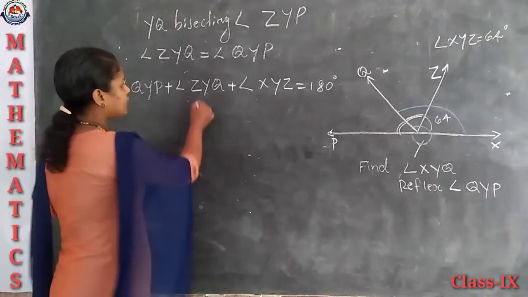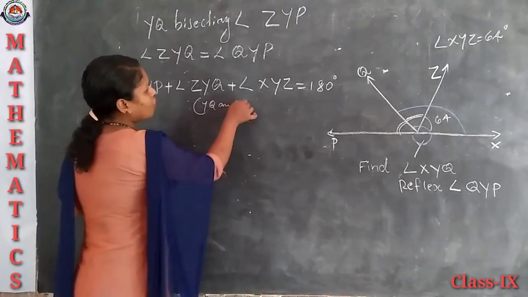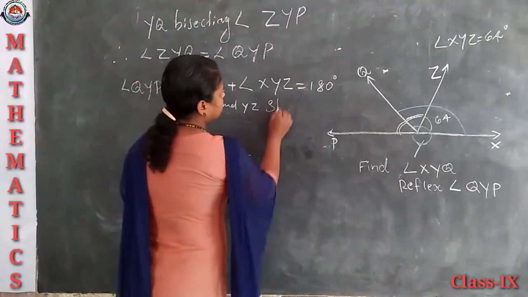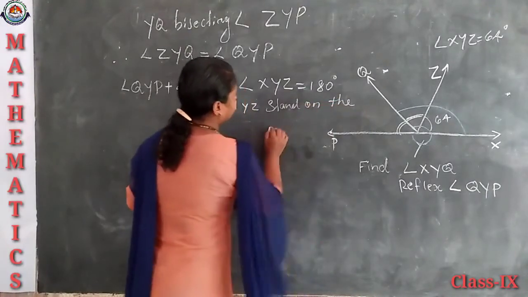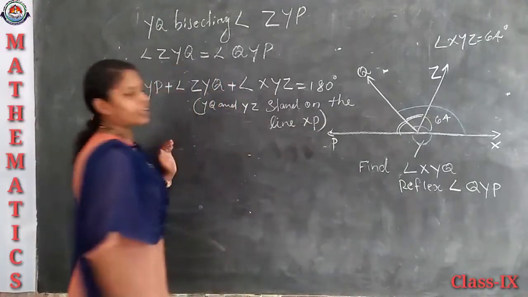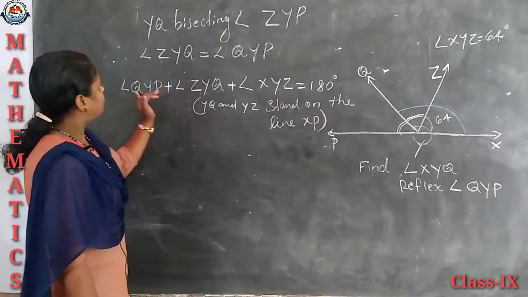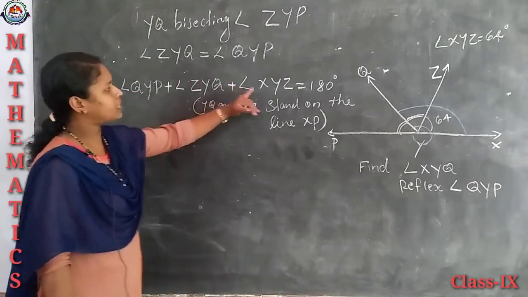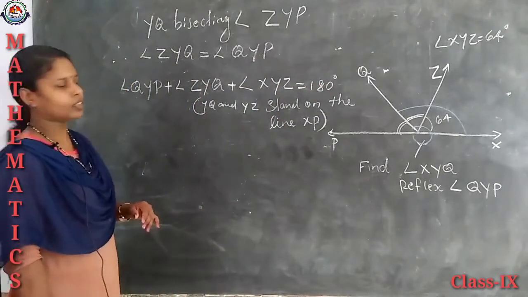Here the reason is YQ and YZ stand on the line XP.